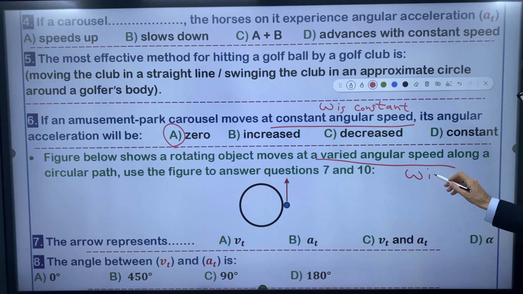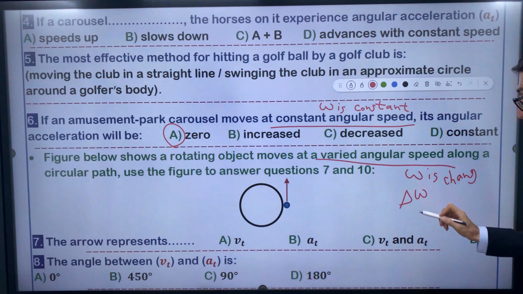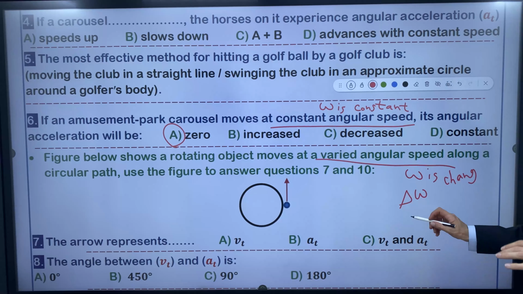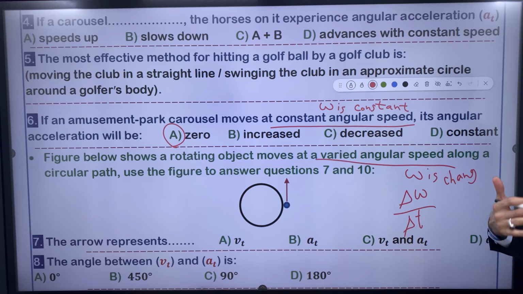Omega is not constant. Omega is changing. So we have, look here, delta omega. You see? And any change in any quantity takes place in a particular time interval. What do I mean by this? Mathematically it means delta omega divided by delta t. So guess the answer. Does acceleration form or not?